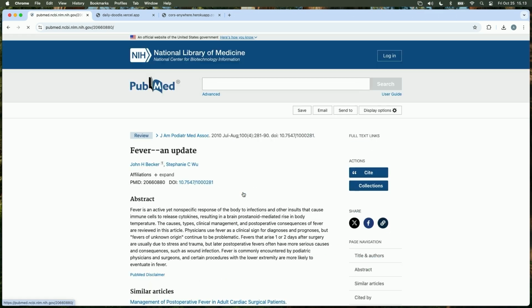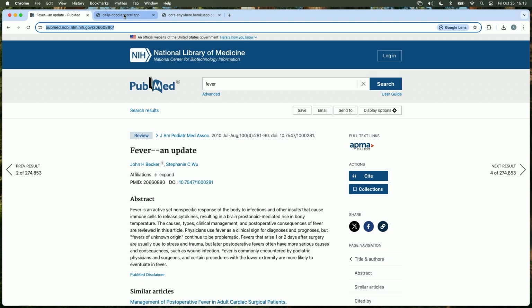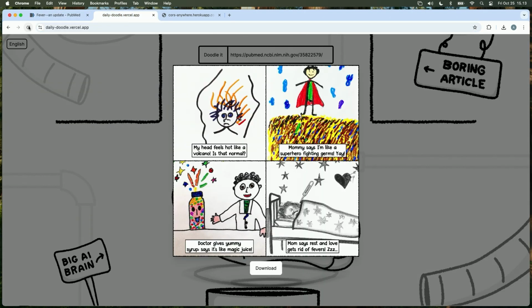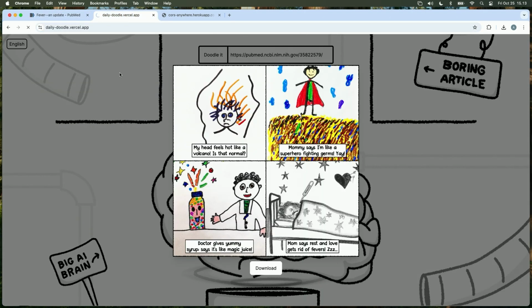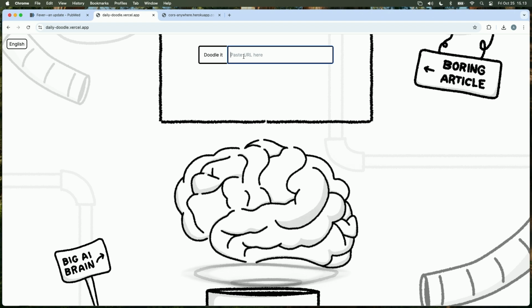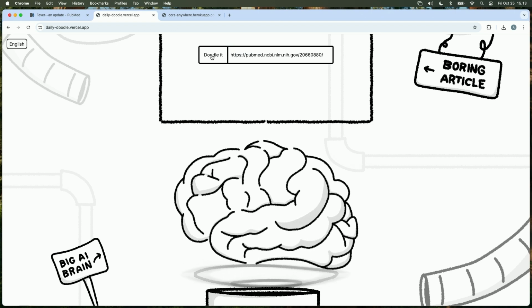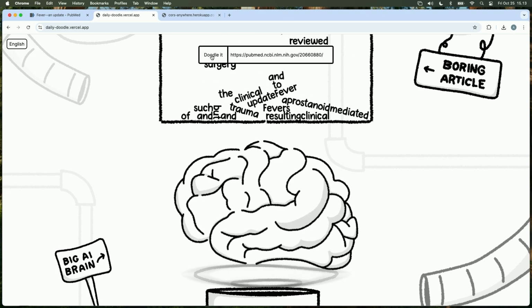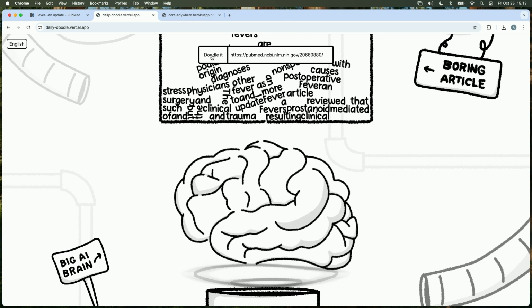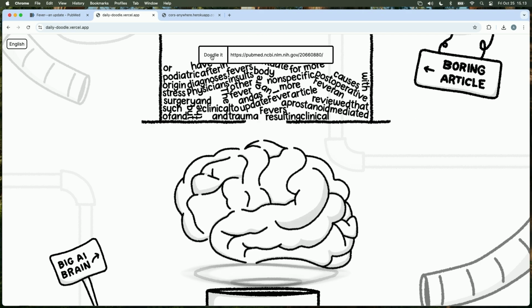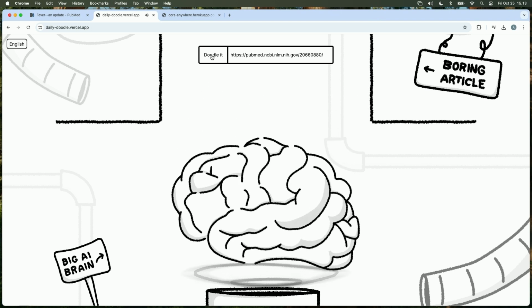Then you paste in the URL, and you click here, doodle it, and it will try to scrape that article and feed it to the brain, and the brain will try to convert it into comics.